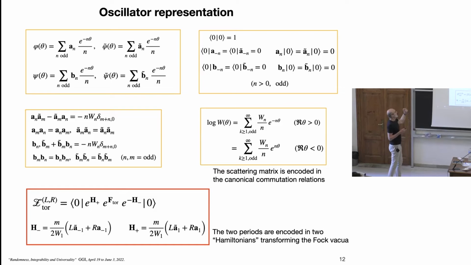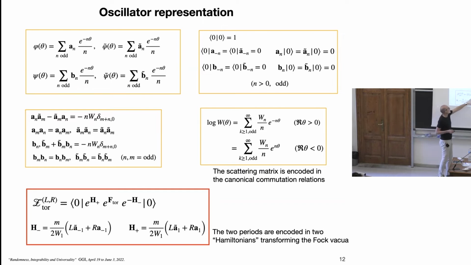The A operators are associated with one of the cycles of the torus, and the A tilde operators with the dual cycle. We have these simple commutation relations. So the S matrix is implemented in the commutation relations of the bosonic and fermionic modes. And with this definition, the torus partition function is given by this expectation value.